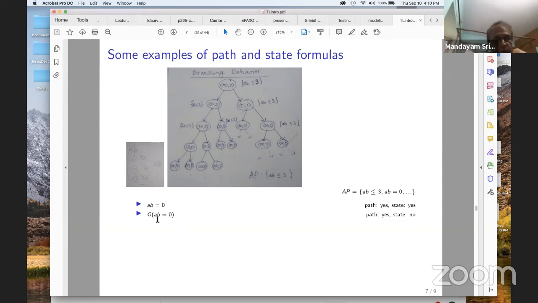And by the way, even for this, I want you to identify some of the paths in the computational tree of the mod 4 counter which satisfy this, paths for which this property is true. Is there any? No, there are none.